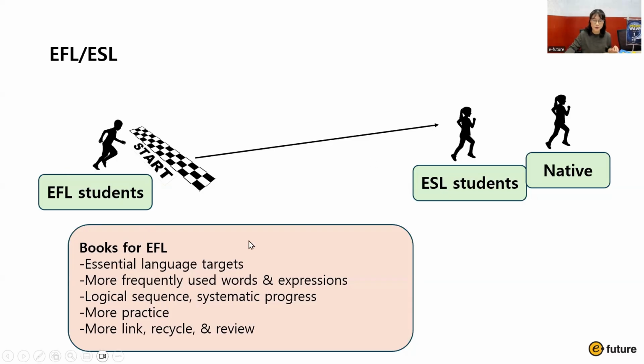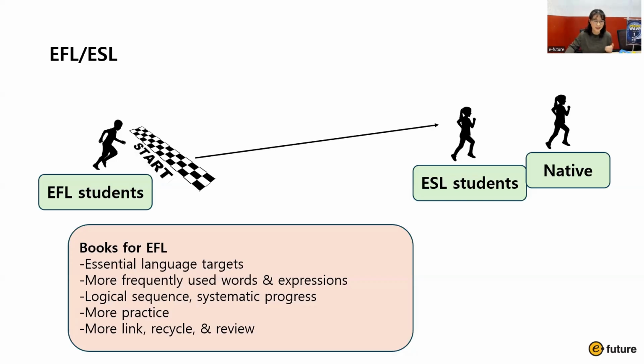For EFL students, you have to choose books written for an EFL environment. So the books should contain essential language targets and more frequently used words and expressions, because we don't have enough time. We have to focus on the most important things, because we speak English for only a limited time, once or twice a week.